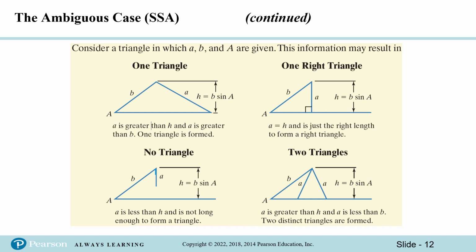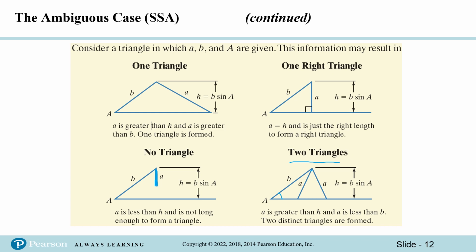So if my side A is too short, you don't end up with a triangle. It's also possible that you could end up with two triangles. Depending on the angles, it really depends on the length of side A.